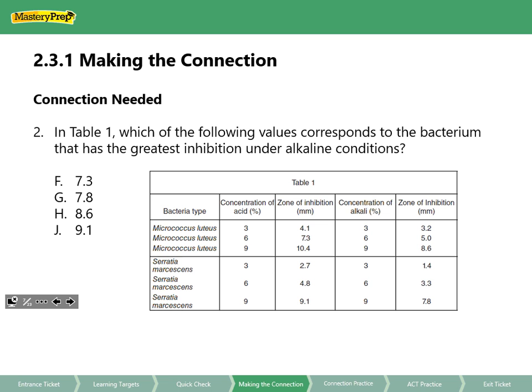Which one has the greatest amount? We have all these here, here, and here. What numbers are we looking at? Probably this second set. And the biggest number is 8.6. 9.1 doesn't show up, does it? No.